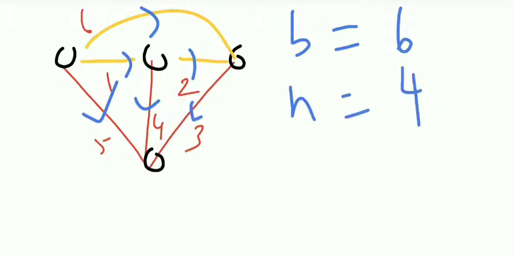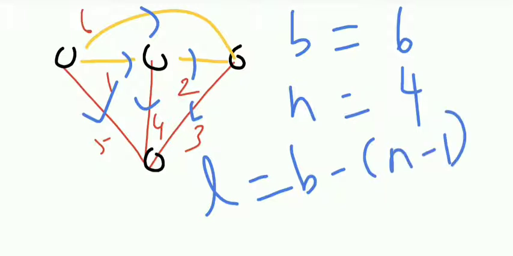So how many links in the co-tree? That has been found by using the formula b minus n minus 1. See, from this we have drawn a tree. This red color is a tree, and we know what are the links. Links is nothing but a branch of a co-tree. This yellow color is talking about co-tree, and this co-tree has 3 branches.